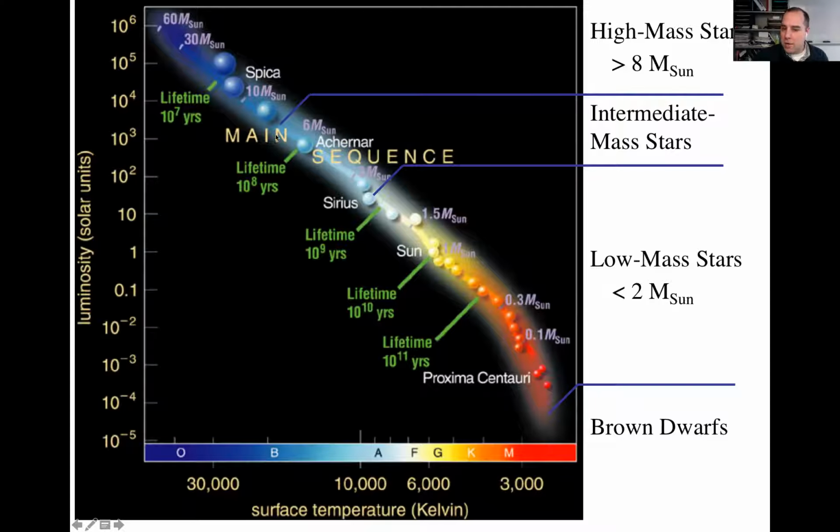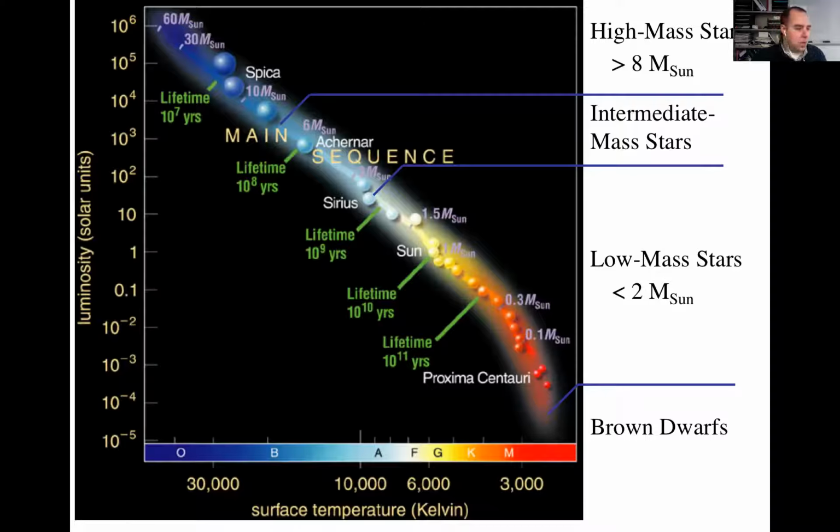There's a lot of stars in between those 2, between 8 and 2 solar masses, but we're not going to be too interested in these particular stars, because some of them will follow the high mass and some of them will follow the low mass, depending on the exact characteristics of these stars. But where that exact dividing line is isn't all that important. The sun, though, definitely is a low mass star in this classification, and anything, say, 8 solar masses and above, is definitely a high mass star. So that's sort of what we're talking about when we say high and low mass stars.